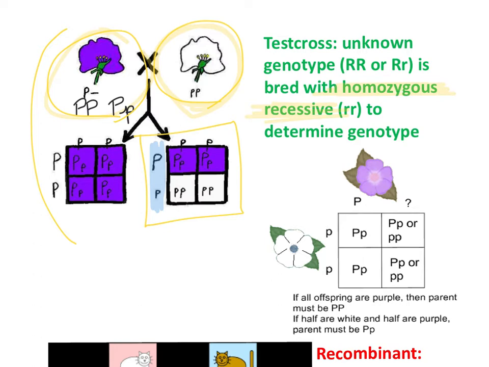If all of my offspring are dominant, then I can conclude that my unknown parent must have been homozygous dominant. So a test cross is done when you have a dominant phenotype for which you do not know the genotype.